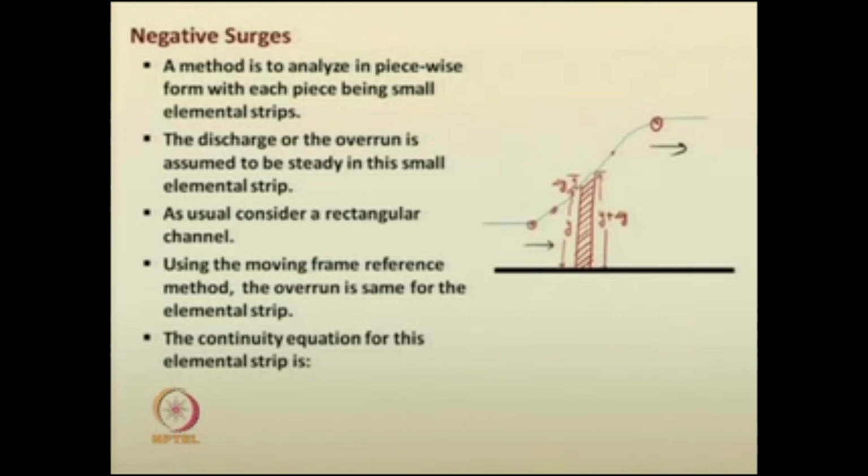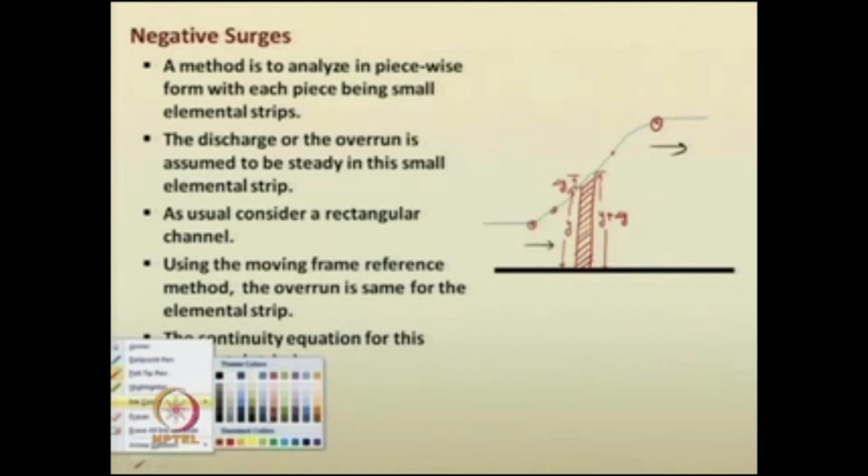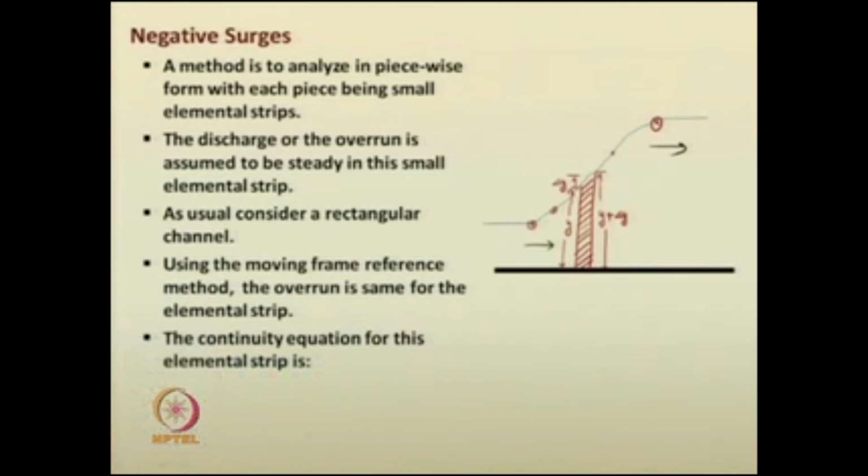Let us consider the velocity in this situation. I will change the color. The velocity here and here are quite different. The velocity of water at depth of flow y, let it be v, and the average velocity of that cross section be v bar.